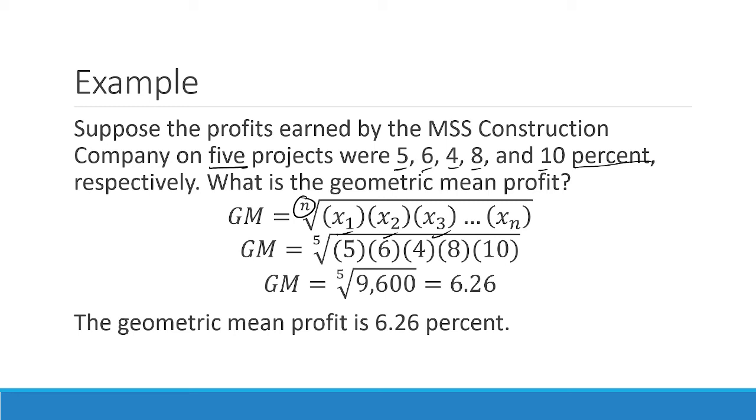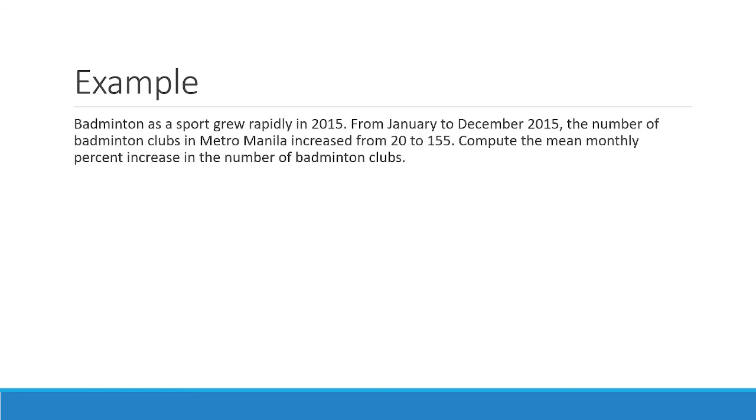Also, para naman dun sa isang scenario, halimbawa, badminton as a sport grew rapidly in 2015 from January to December 2015. So the number of badminton clubs in Metro Manila increased from 20 to 155. So as you can see here, it is not expressed in percent.